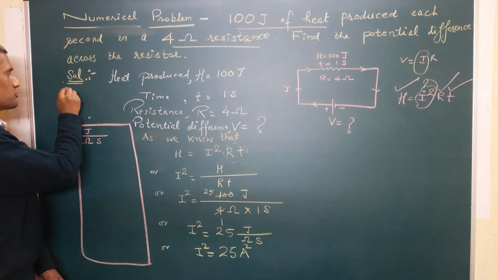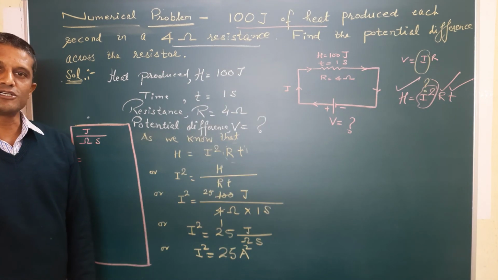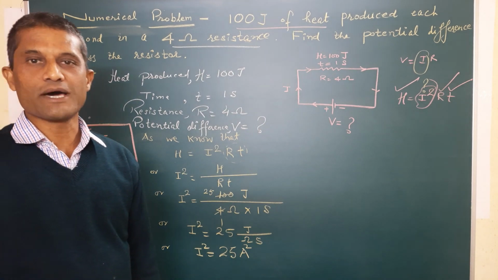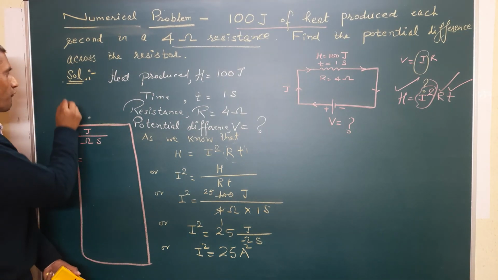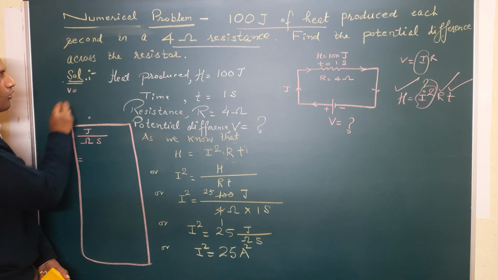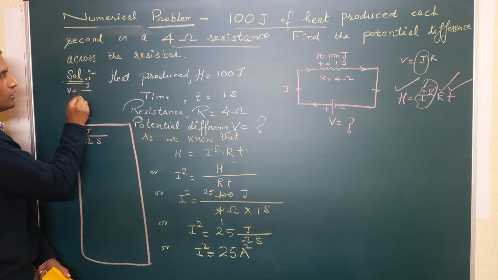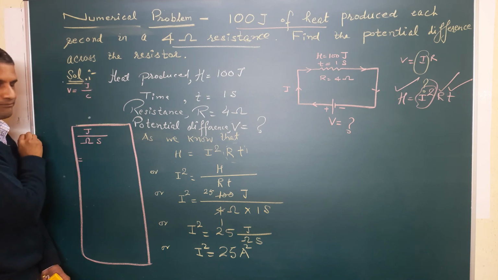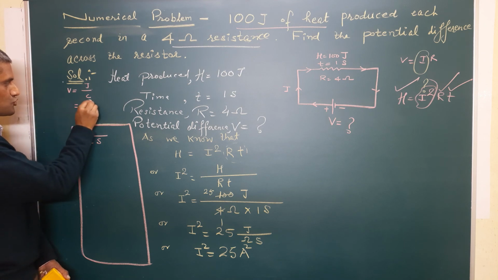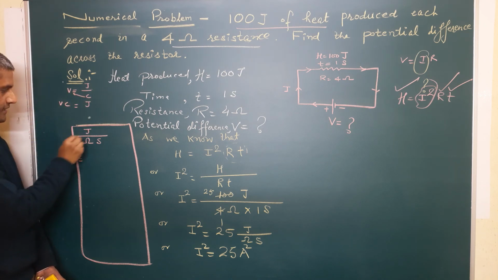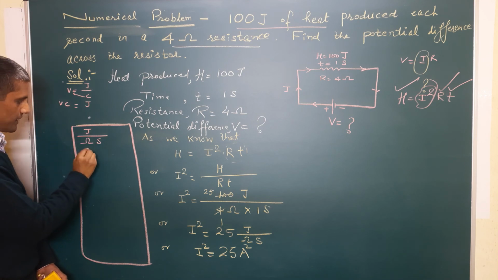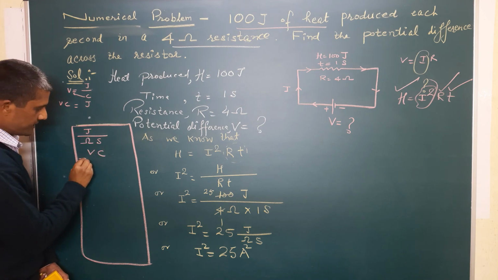You know the definition of potential difference: potential difference is equal to work done upon the quantity of charge. In case of unit, you will write it as volt is equal to joule upon coulomb. Or it can be written as joule is equal to the product of V and C. So in place of joule, we are going to write VC.